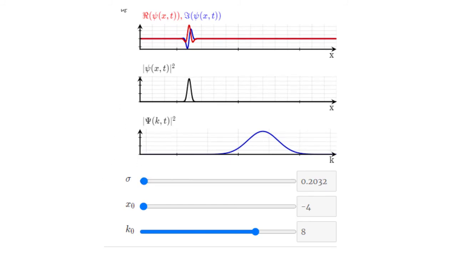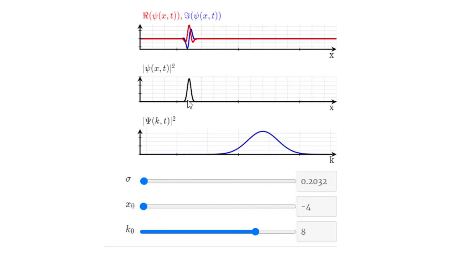I'm just going to turn auto scale off. I'm going to run the simulation again. We're going to let this wave packet disperse in space. It's going to spread out in space. You're going to see it spread out, so its delta x gets larger because those different waves, those different spatial frequency components have different energies, therefore different velocities, so it spreads out, it disperses in space.